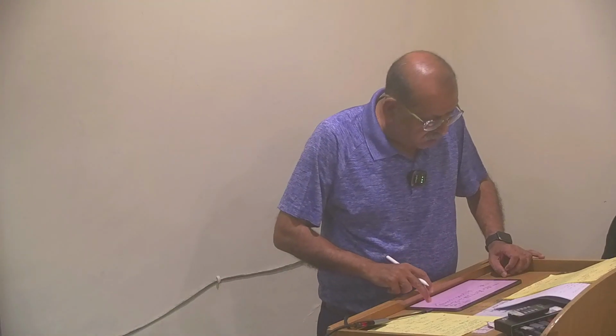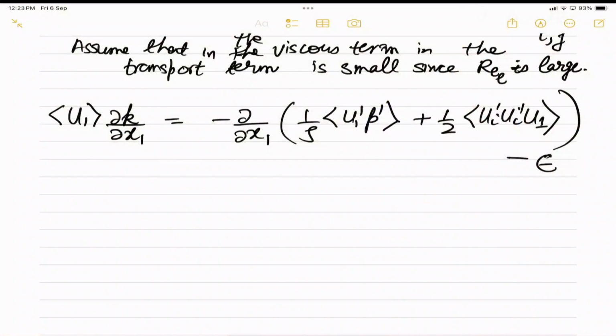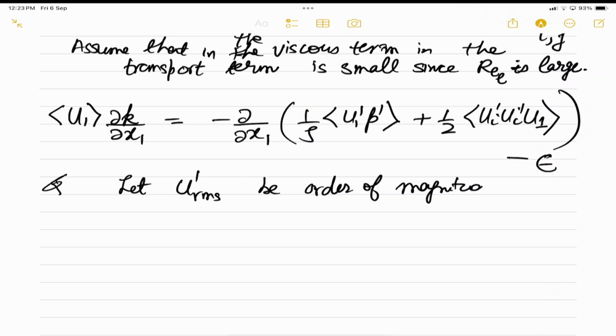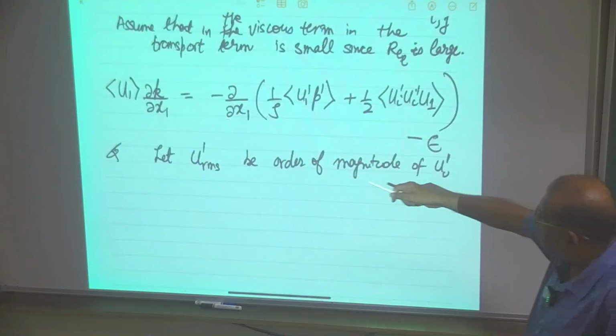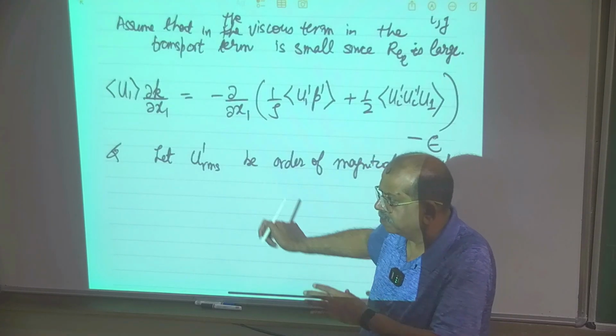Now in this equation, let all the velocity fluctuations, we take the order of magnitude, we call it as u prime RMS. Okay?